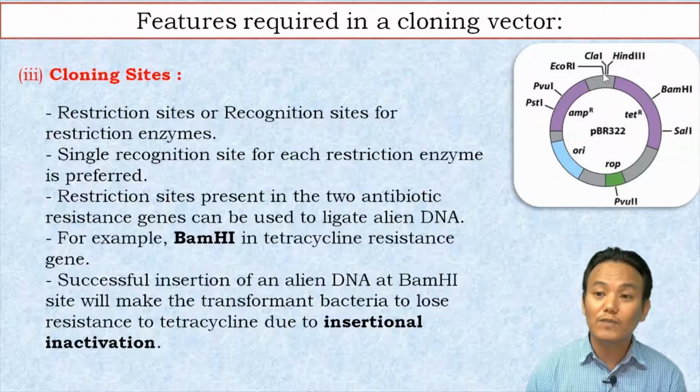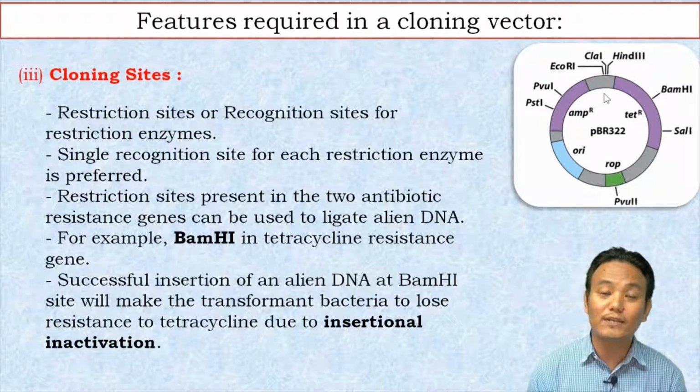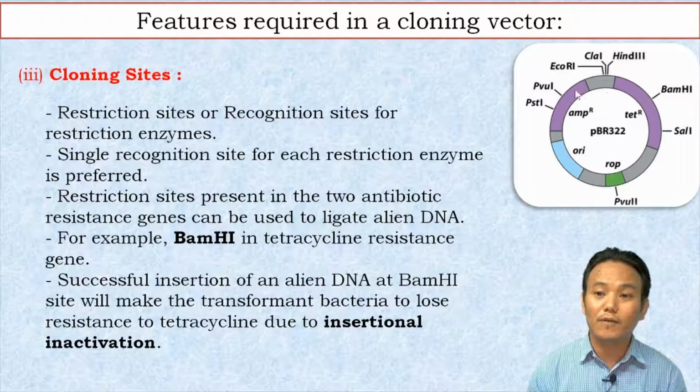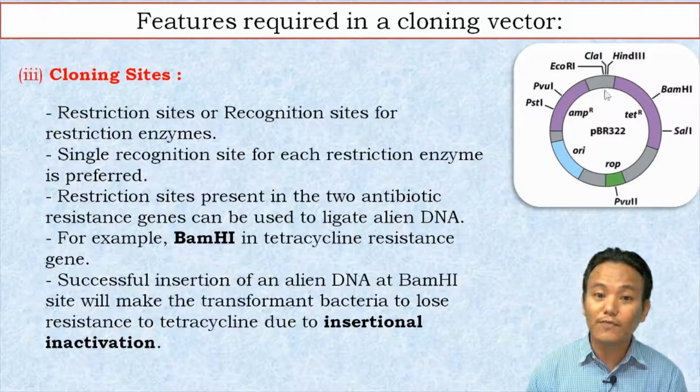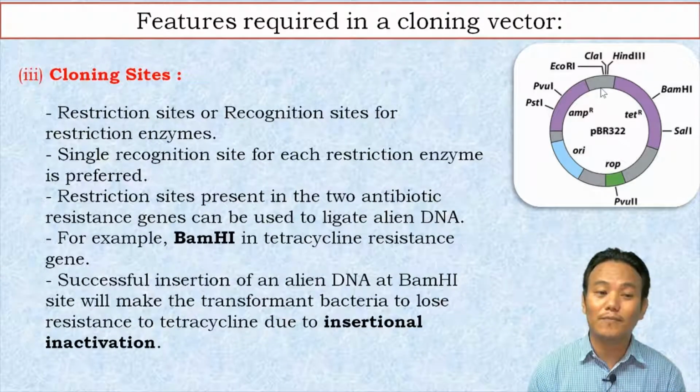What we need to do is make just one single cut so that we can introduce the foreign gene and create a recombinant DNA, right? Getting multiple pieces of cloning vector is not useful for creating a recombinant DNA. So therefore, we have only one recognition site for one restriction enzyme. So that is the desirable trait.